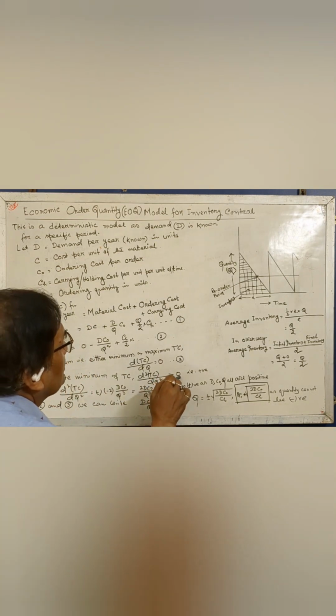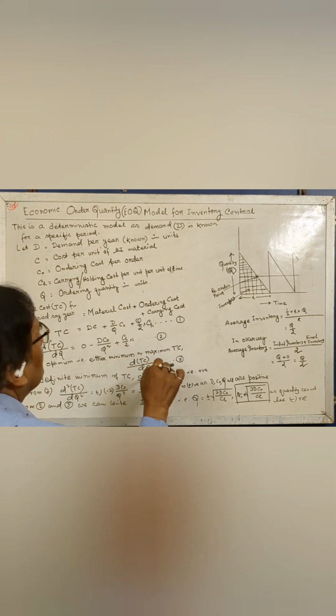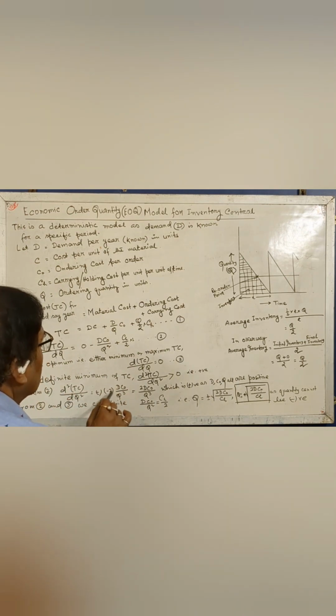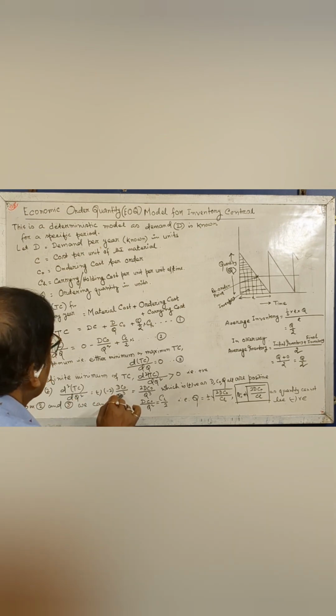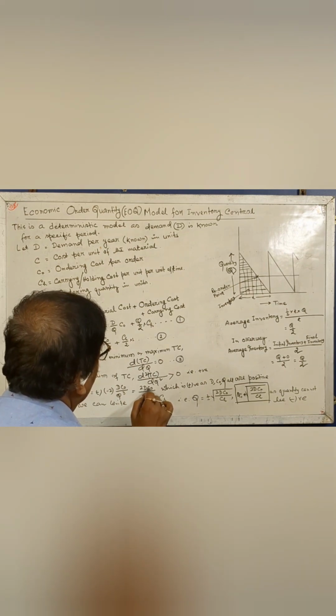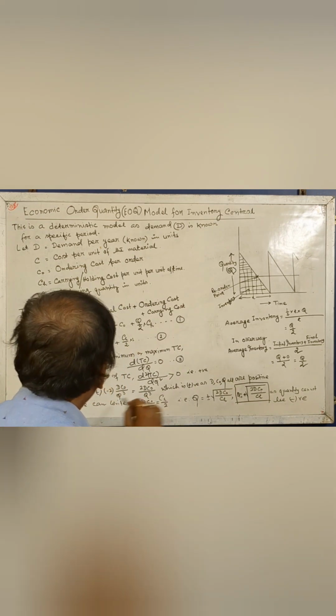But when it is greater than 0, that is positive, then the necessary condition we calculated in 3 will definitely give the minimum. Now we check whether the double derivative is positive or negative. The double differentiation of TC will be this. You can check it: minus 2, and power will be minus 2 minus 1. Here you can see D is positive, CO positive, Q positive, so all are positive. That's why this is positive.